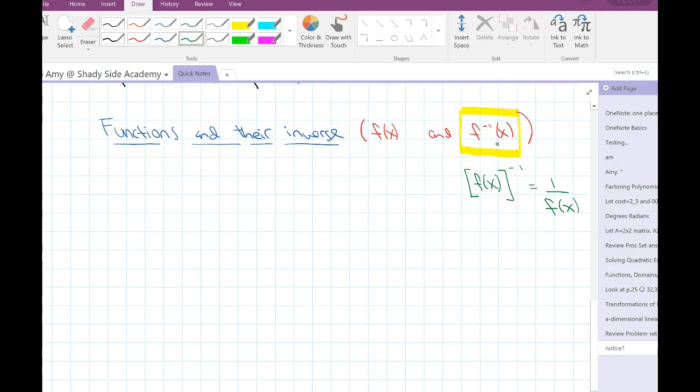Okay, so when we talk about functions and their inverse, there are a couple of different vantage points, and I know we've talked about different perspectives, okay? There are several different perspectives that one could take when it comes to looking at a function and its inverse. So the first thing I'm going to do here is I'm going to go ahead and sketch this curve here.